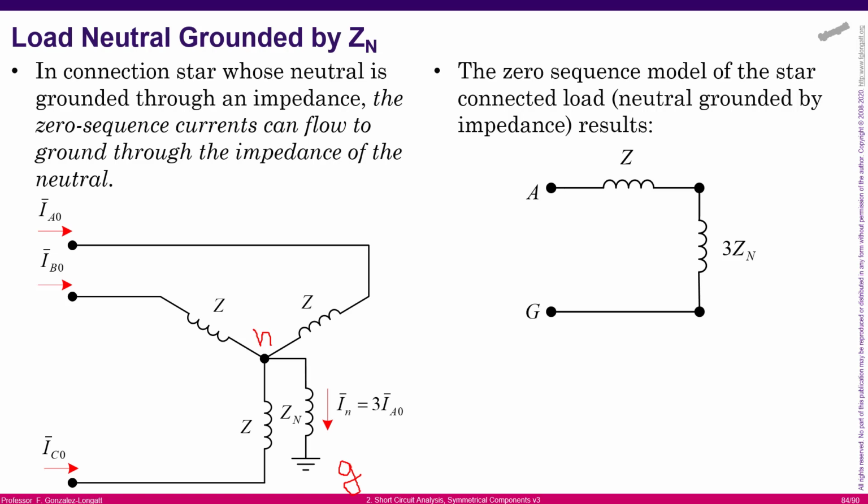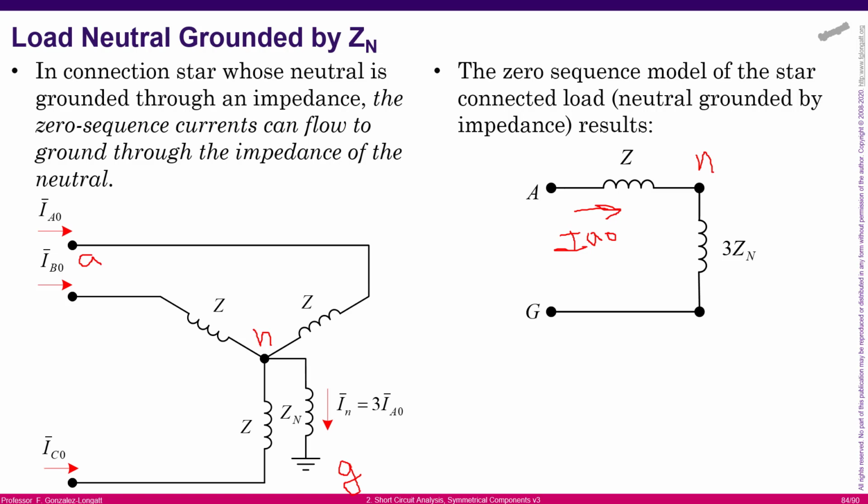Okay, let's think about what should be the path for the zero sequence currents moving on line A. Well, they arrive here at line A, they move around, they create a voltage drop on the load impedance, then arrive at the neutral point. And that is where the thing starts to be interesting for my students, okay?